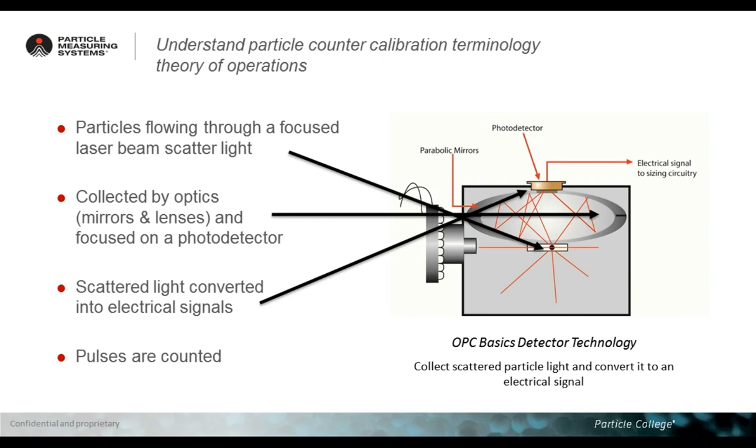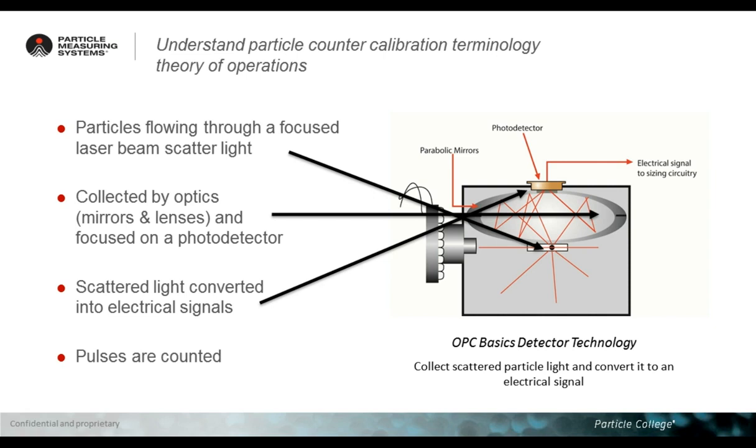The photodetector is essentially a light sensor, similar to the one that any one of us has on the smartphone. In our smartphone, this light detector helps the smartphone to adjust the brightness of the display. So if you are outdoors, it will be increasing. In this case, inside the particle counter, this photodetector will help us to detect the particle, of course, and to understand the size of the specific particle.